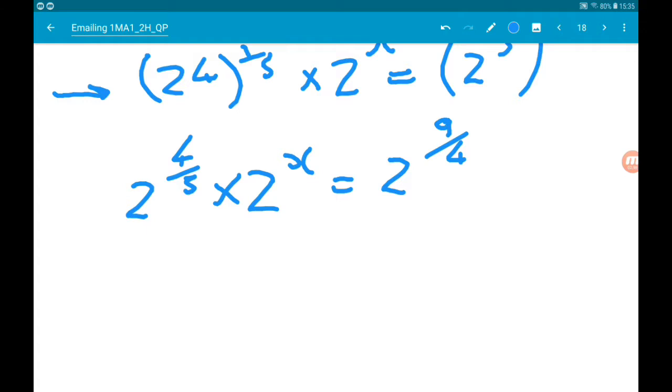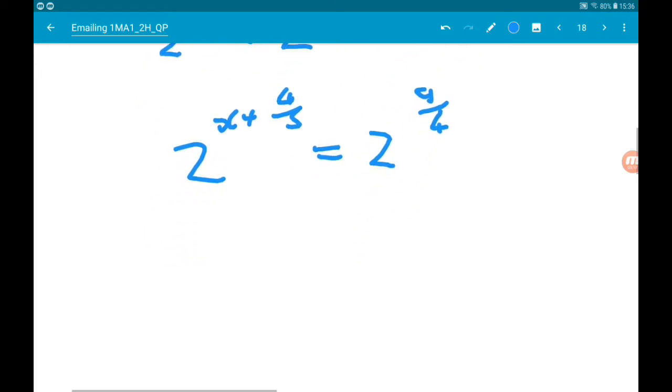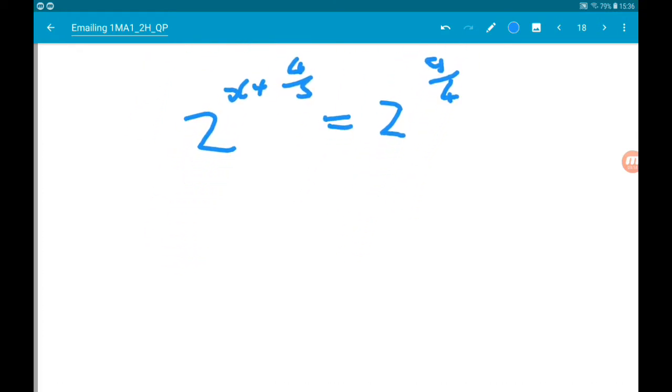So on the left, we got 2 to the power x add 4/5 is equal to 2 to the power 9/4. Now at this point, for this equation to be true, the indices must be equal.